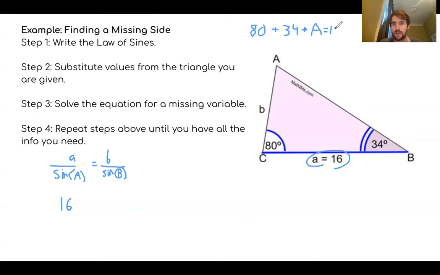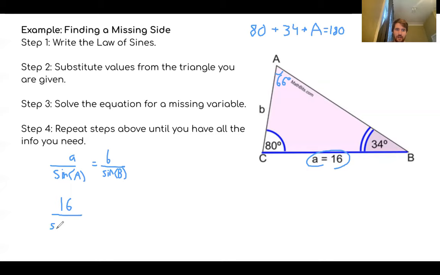So we just have to solve this equation to figure out what A has to be. You can do that on your calculator. I believe it is 66 degrees. So now we know angle A is 66 degrees.